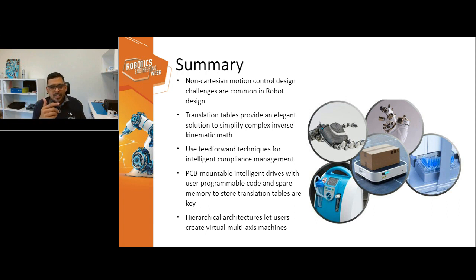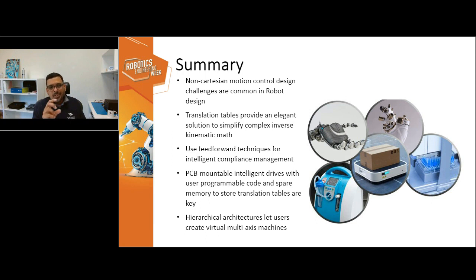Quickly summarizing the presentation, we looked at the non-Cartesian and inverse kinematics design challenge, and we suggested a translation lookup table approach to solve it. We looked at feed-forward techniques for intelligence, compliance management, and nonlinearity management.